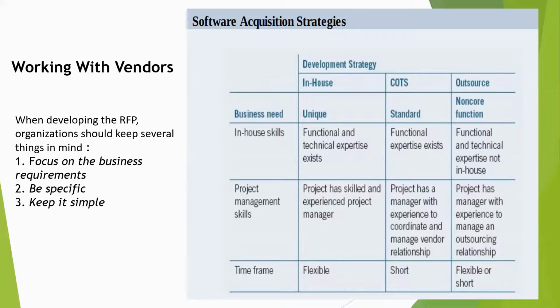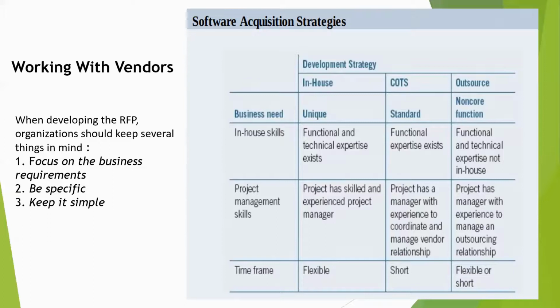But when we are selecting the vendor, we need to focus on the business requirements that we want to fulfill, rather than purchasing COTS standard software that meets only 70% rather than the 90% or 98% that we need.